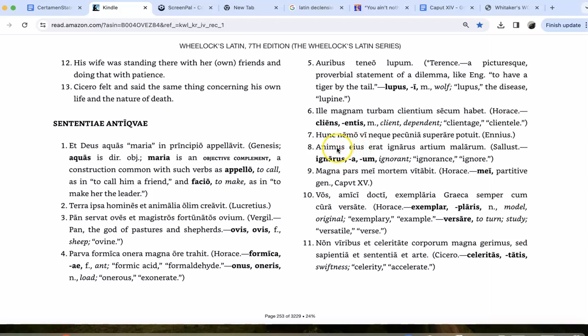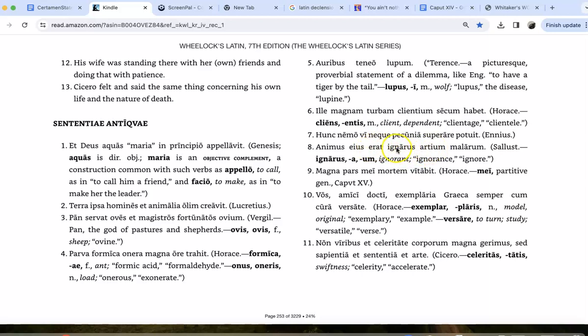His mind. Now, animus can mean soul, but most of the time in classical Latin, I think we should translate it as mind, because we're not in a Christian context for the Wheelock's Latin. So his mind was, so there's our third person singular imperfect: eram, eras, erat, eramus, eratis, erant. I was, you were, he was. And then here, notice our genitives.